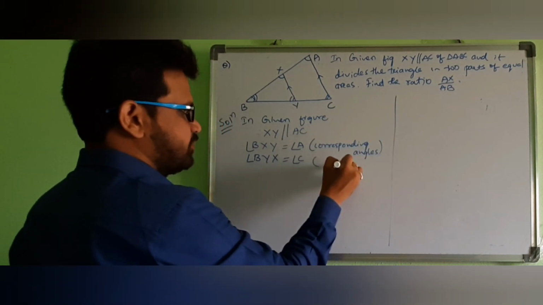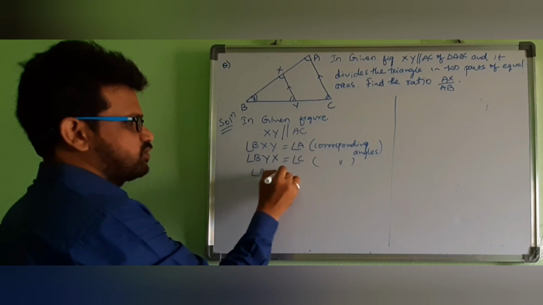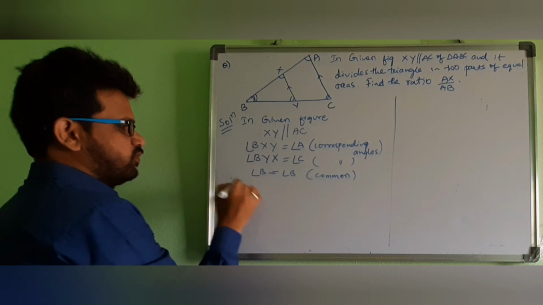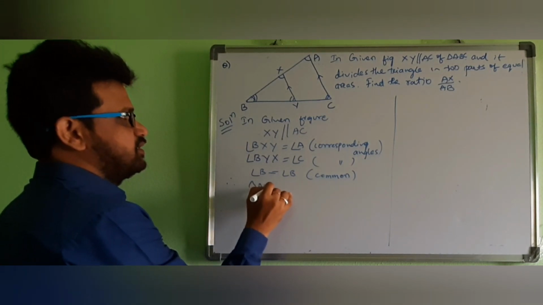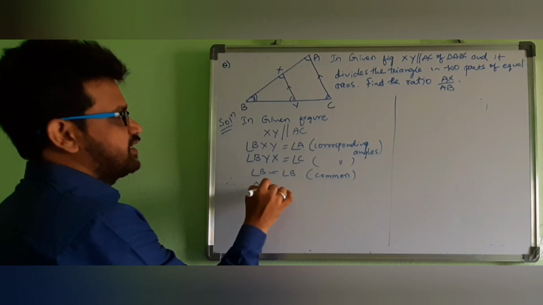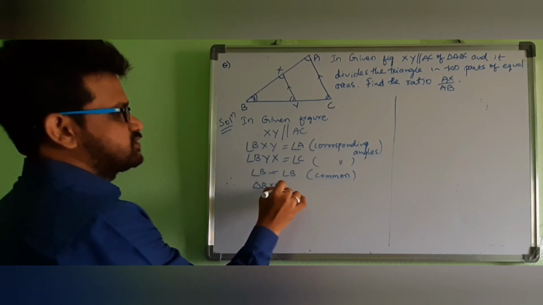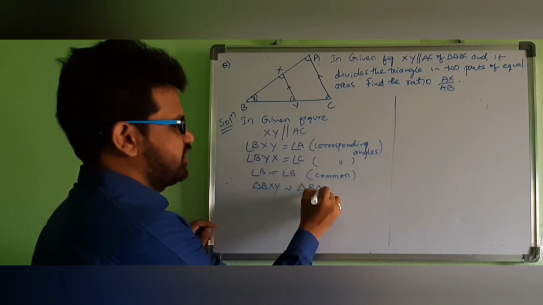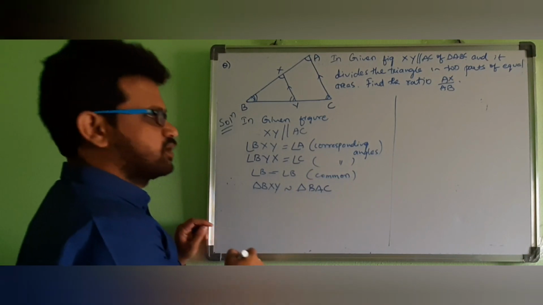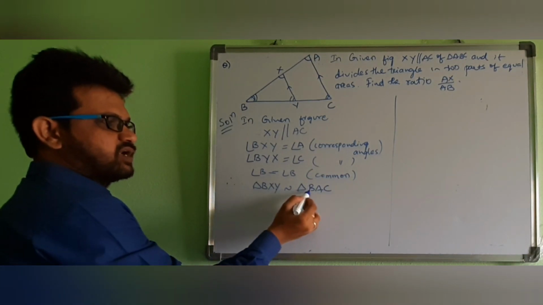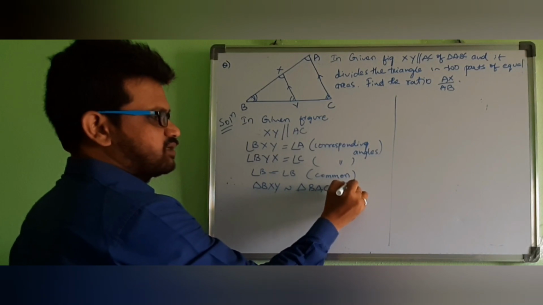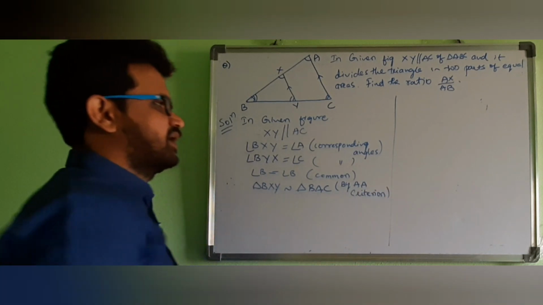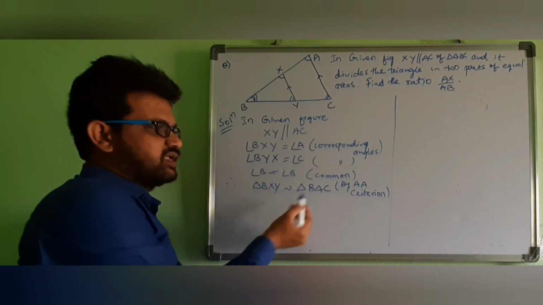And angle B is equal to angle B, common. So therefore triangle BXY is similar to triangle BAC. B corresponds to B, X corresponds to A, Y corresponds to C. By which criteria? By AA criteria. So these two triangles are similar.